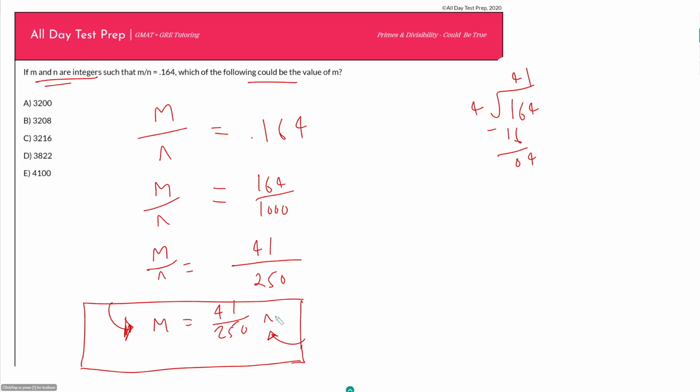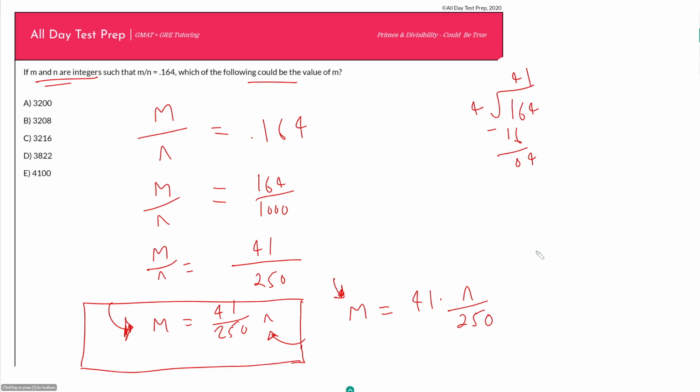So what does that mean? That means this n here must cancel out this 250, because if we just rearrange this, we can think of this as 41 over 250 times n. That's the same thing as 41 times n over 250. And so the only way to get an integer on our left side is if we cancel out this denominator, this 250. The only thing that can do that is our n.